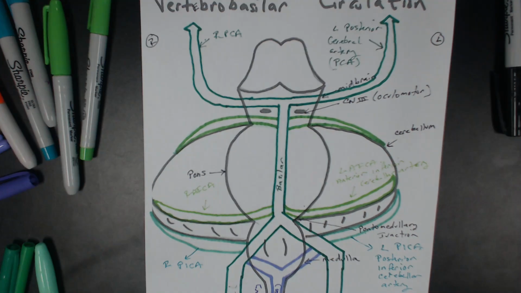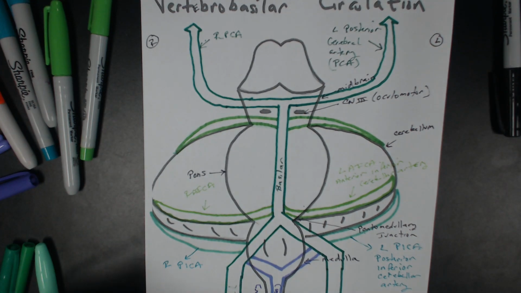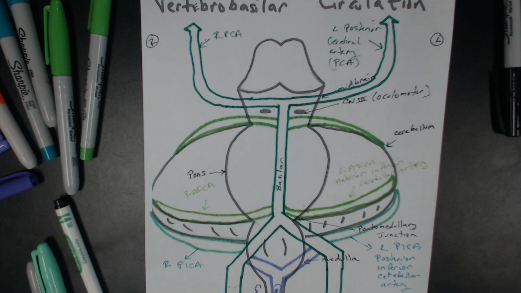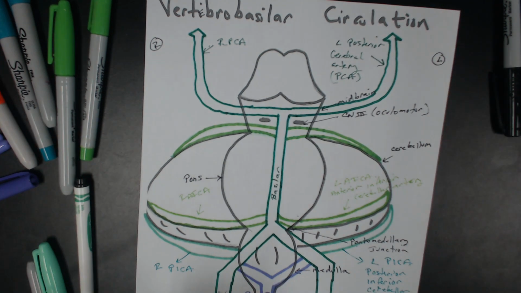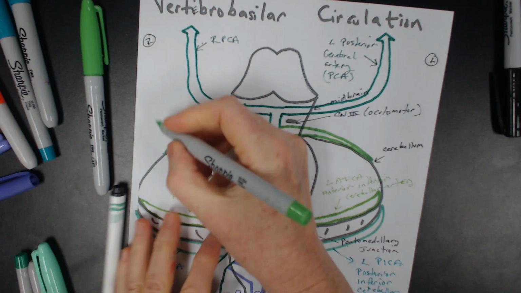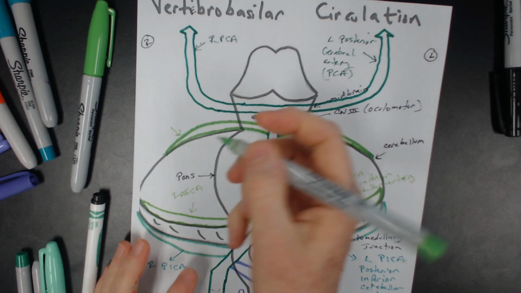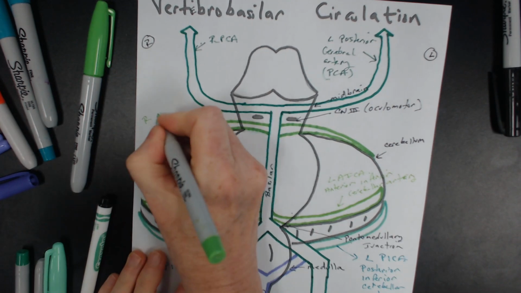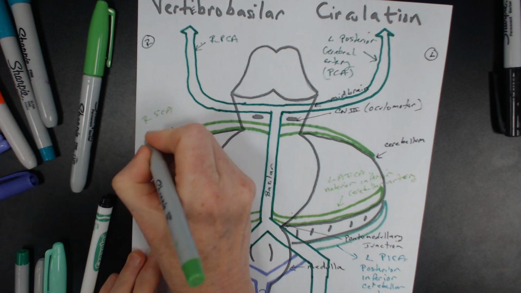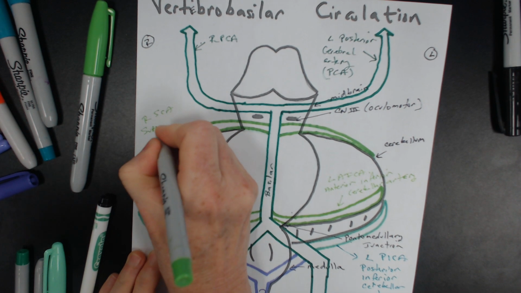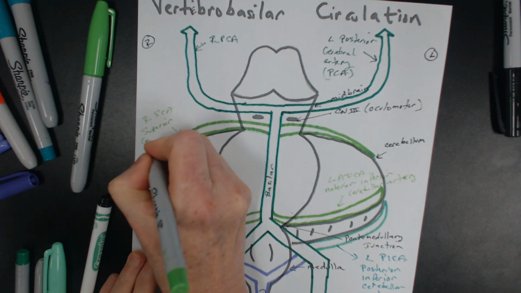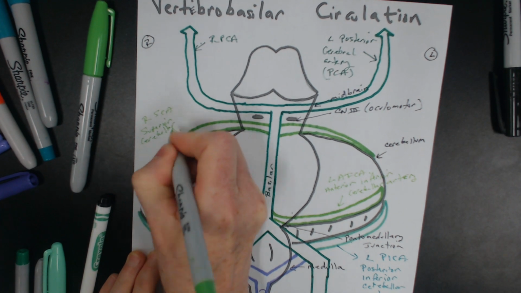I'll label it over here on the right side. So this is going to be your right SCA. SCA stands for superior cerebellar artery.